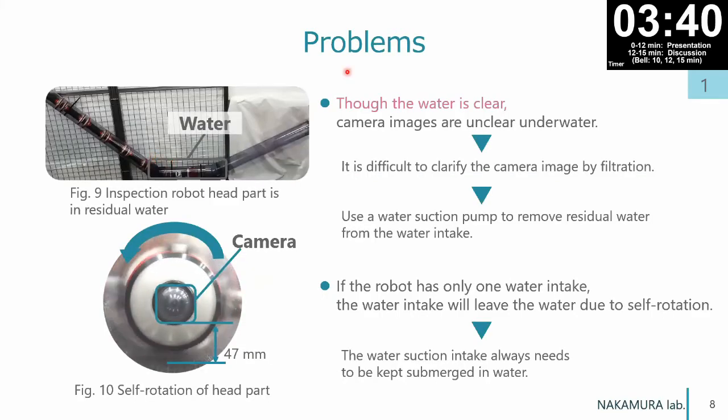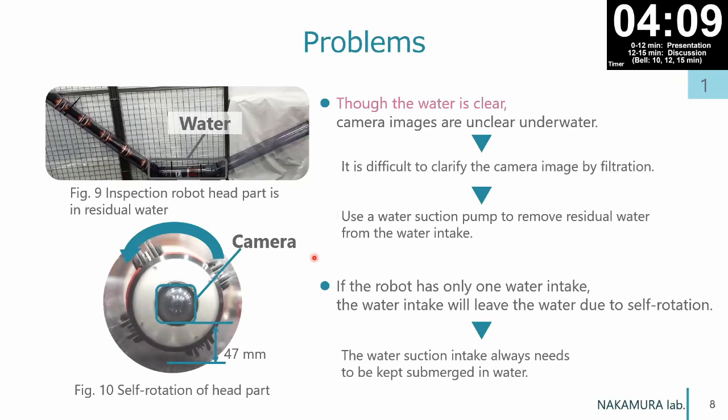Considering the development of the mechanism, there are two problems. First, the water is cloudy and the camera images are unclear in the residual water, so it is difficult to clarify the camera image by filtration. And we decided to use a water suction pump to remove residual water from the water intake.